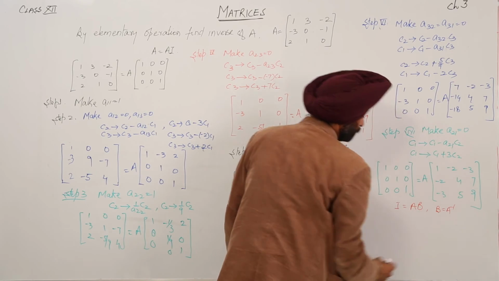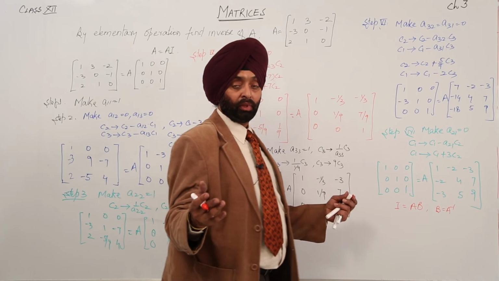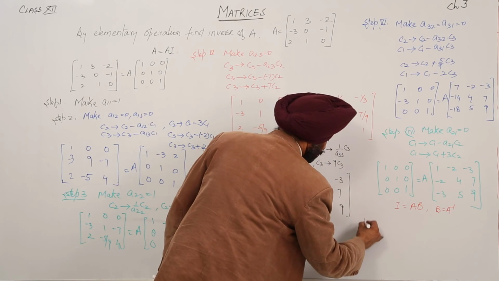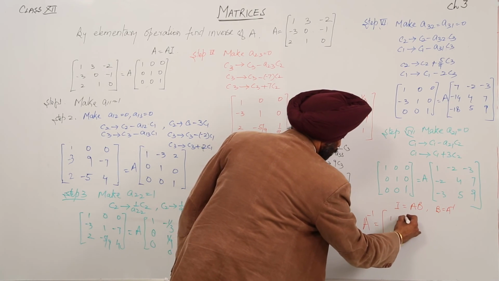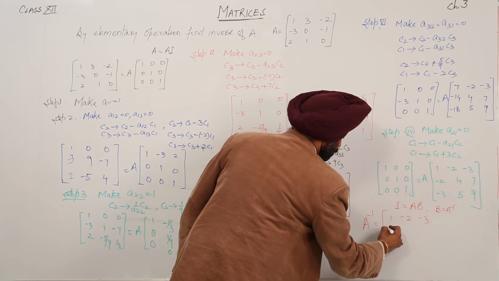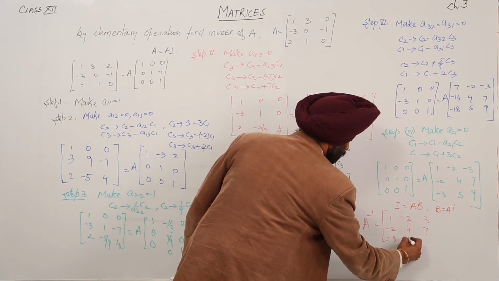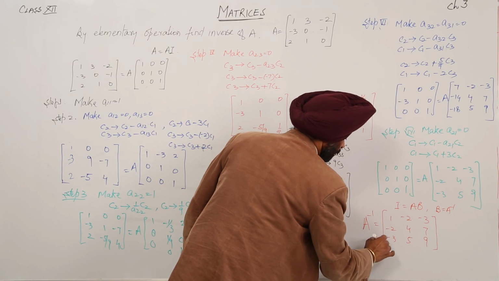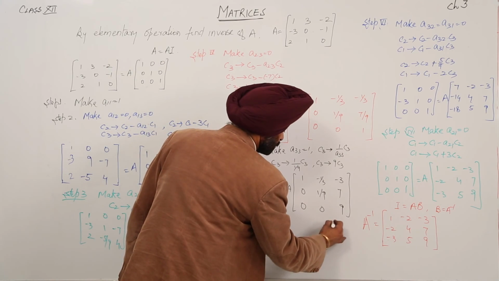A inverse, or you can write it as multiplying by A inverse on both sides. So we have A inverse equal to 1, minus 2, minus 3, minus 2, 4, 7, minus 3, 5 and 9. So finally we got this as an answer.